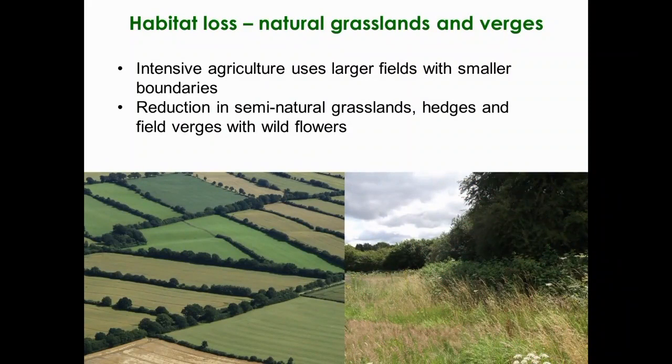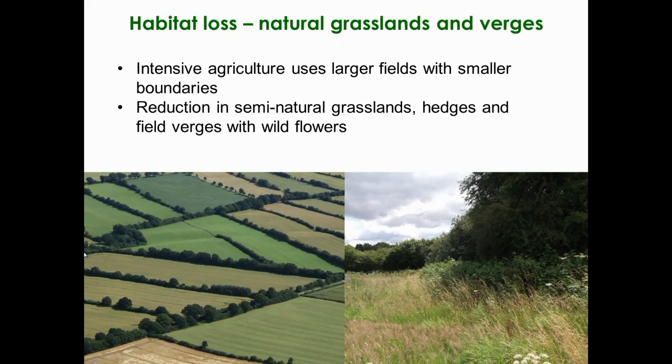But it's not just the forests that are being degraded and being lost, but there's other habitats that are equally at threat. Grasslands, natural grasslands are at threat, as indeed are hedgerows and other forest verges. So as there's been a move towards greater mechanisation and intensification of agriculture, there's been a drive for larger fields, and so the removal of these field boundaries, so these natural hedgerows.